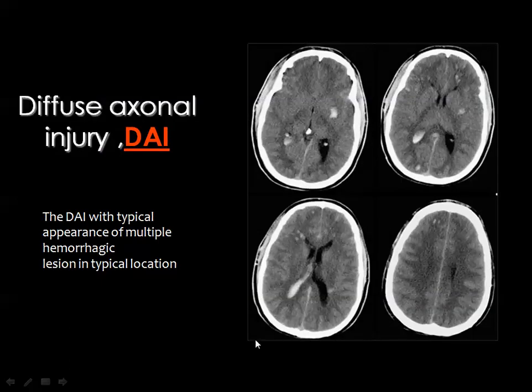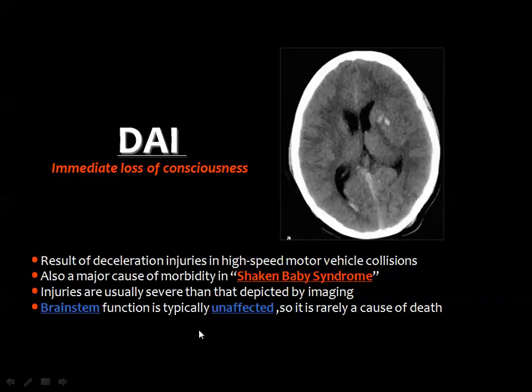And this is a case of diffuse axonal injury showing multiple petechiae of hemorrhage, hyperdense hemorrhage in both cerebral hemispheres, together with the presence of an intraventricular bleeding. And this is also a case of diffuse axonal injury showing petechial hemorrhages in the left temporal area as well as in the right occipital region.